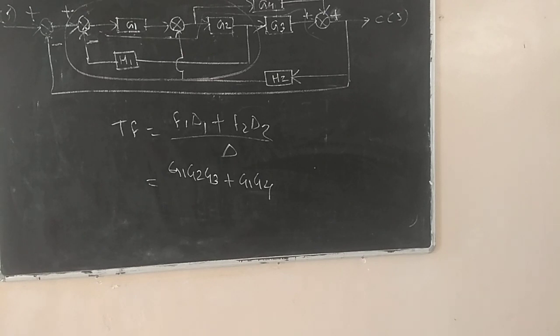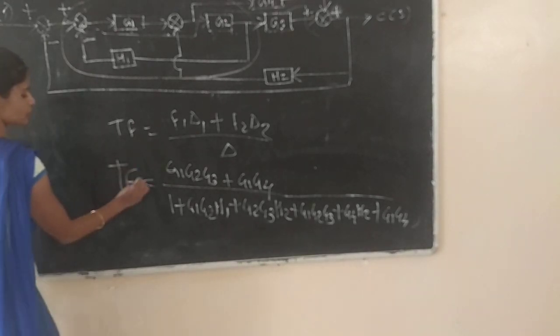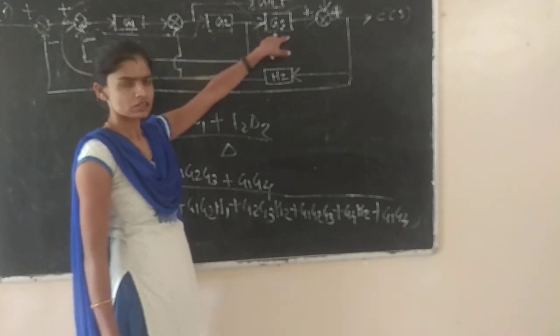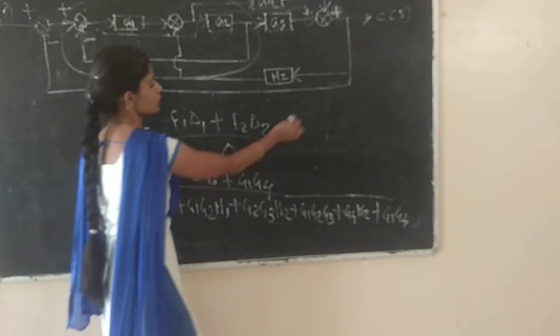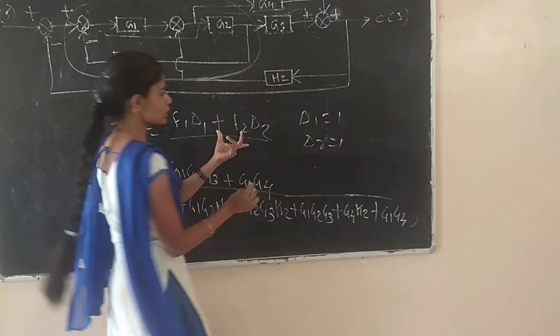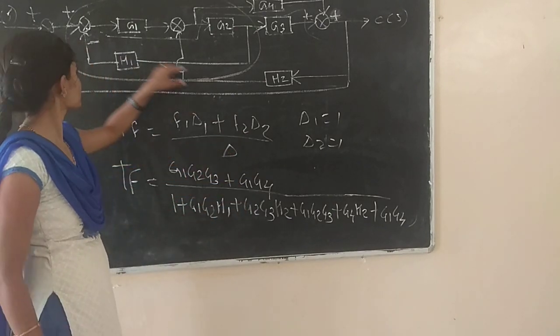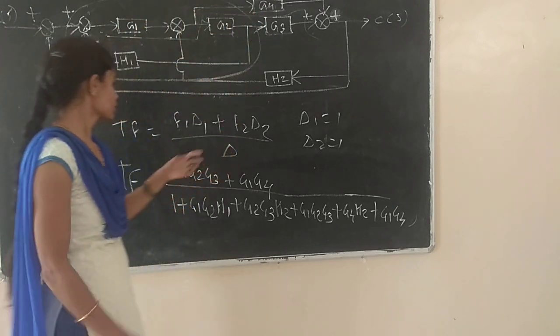First forward path is G1, G2, G3 and second forward path is G1 and G4. Then putting the value, the overall transfer function of the system is: first forward path is G1, G2 and G3 and second forward path is F2. Here value of del 1 and del 2 is 1. Putting this value in the equation. Second forward path is G1, G4.